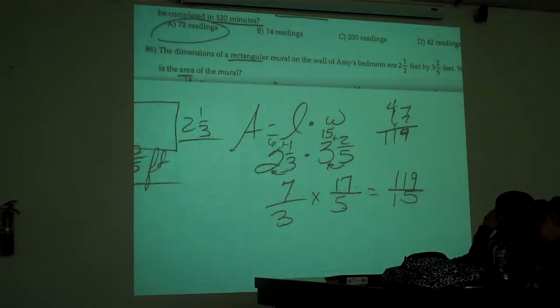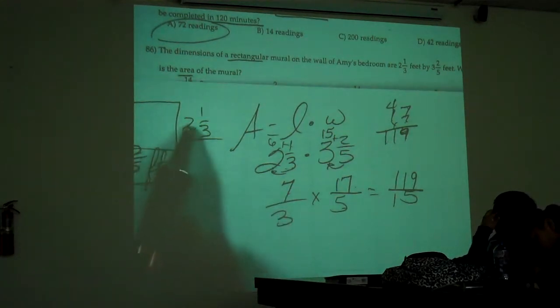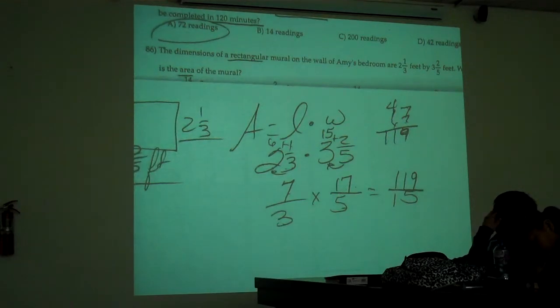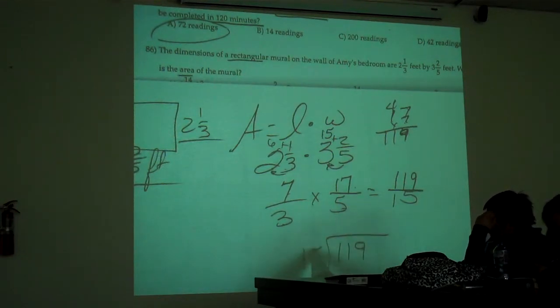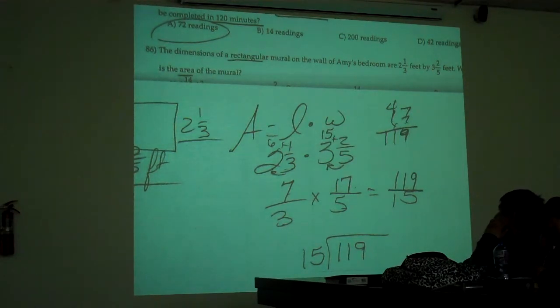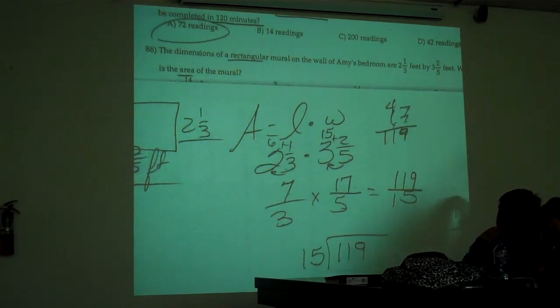Over 15. Okay, we need to turn it to a mixed number. Put the 119 under the division, dividing by 15. 30, 60, 90, at least 6 or 7 times. Let's do 15 times 6. There's 30, 60, 90.